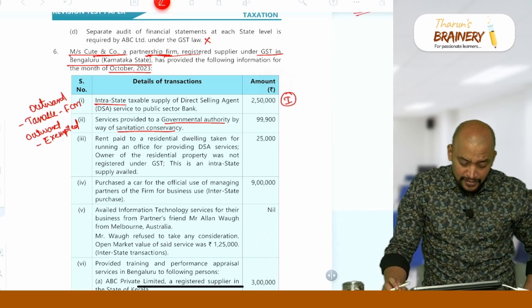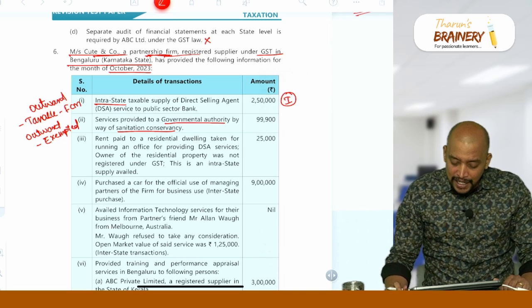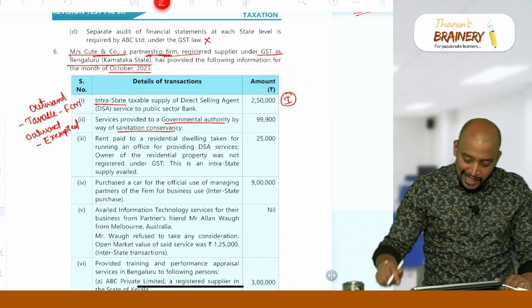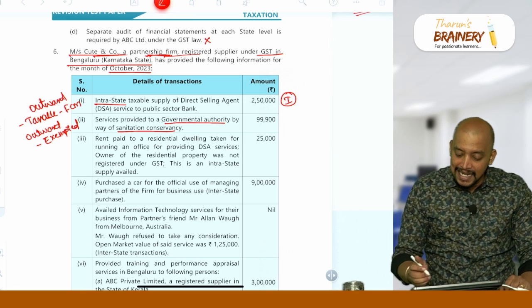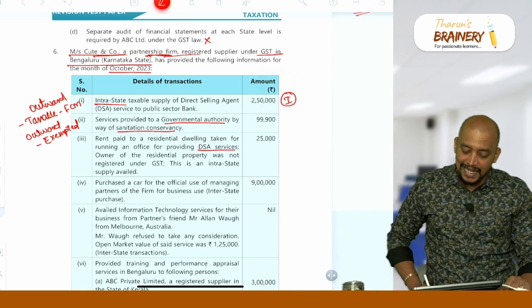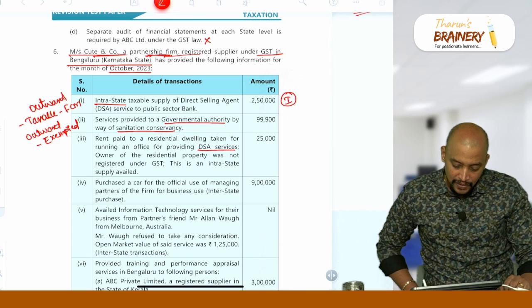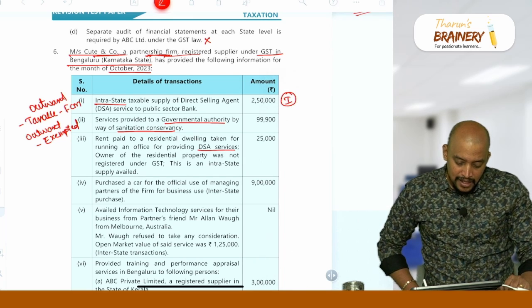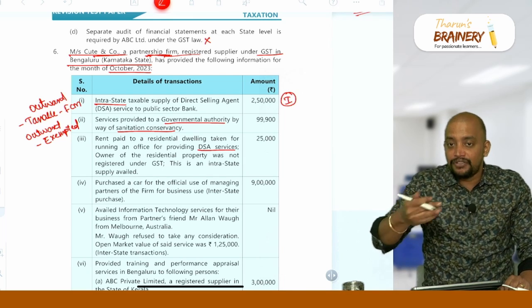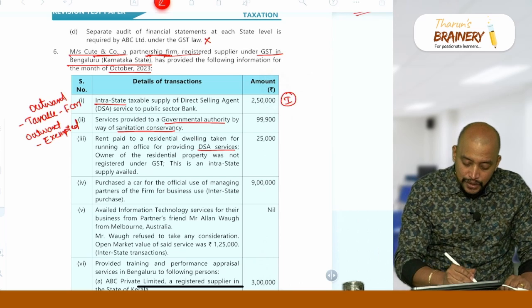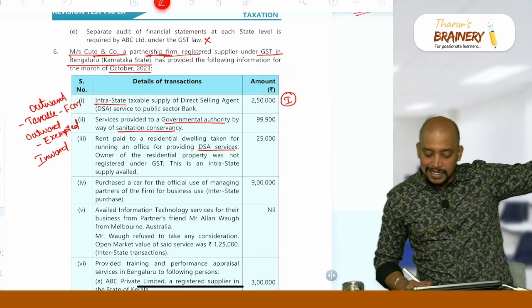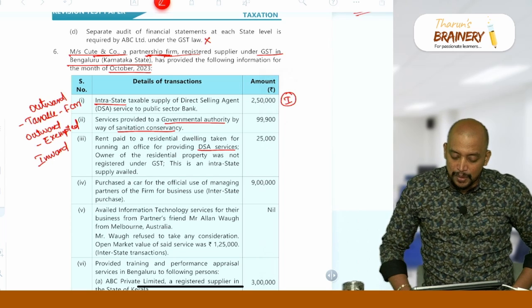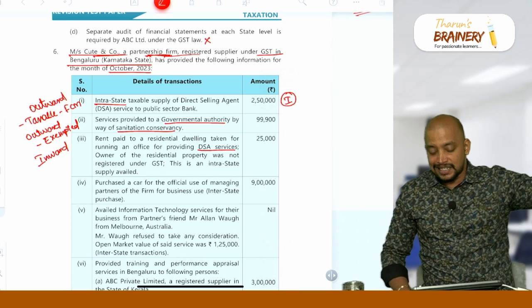Then next, the third one: rent paid for a residential dwelling taken for running an office for providing DSA services, direct selling agent services. So they have paid rent for a residential dwelling. Outward or inward? Inward. The owner of the residential property was not registered under GST.